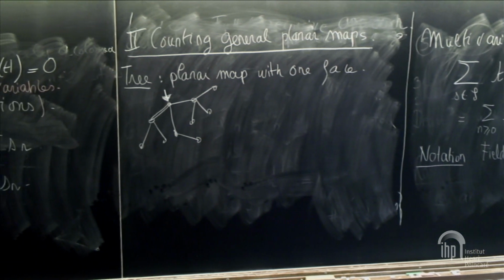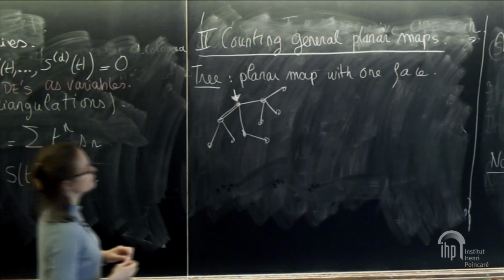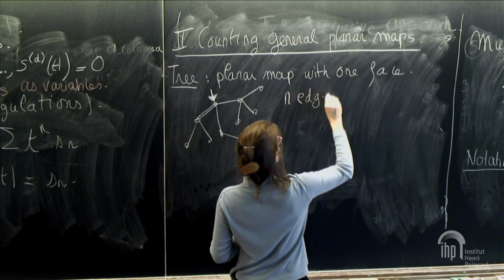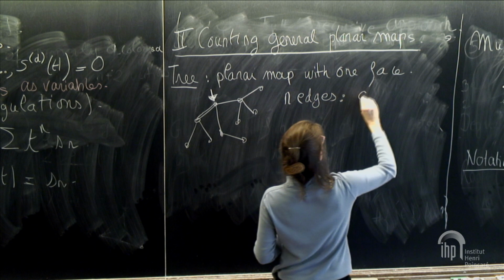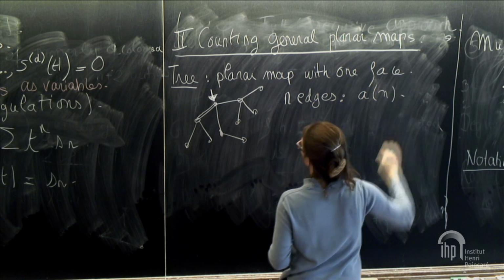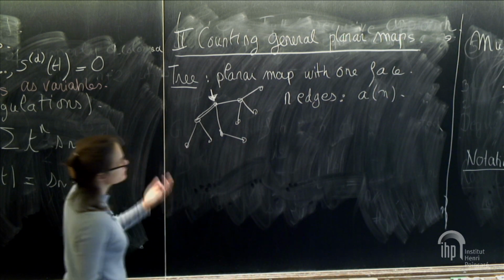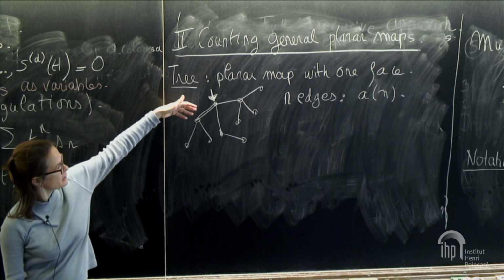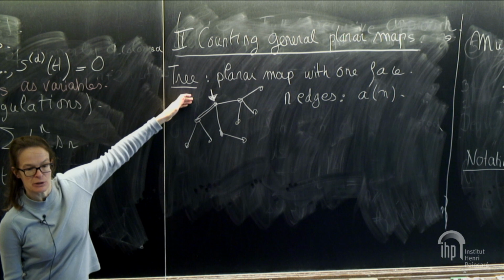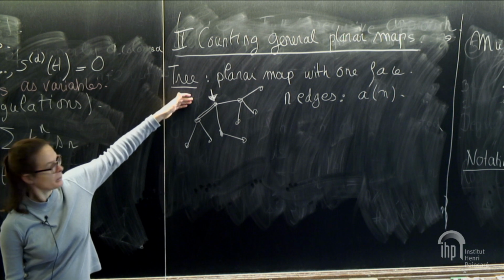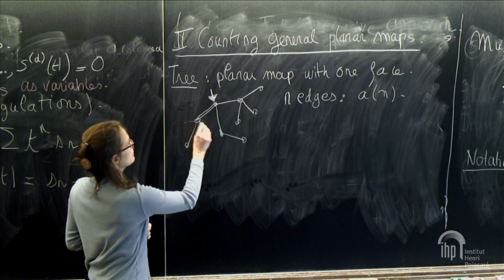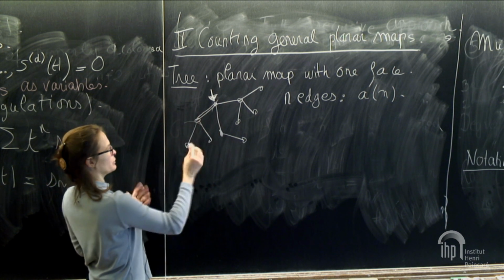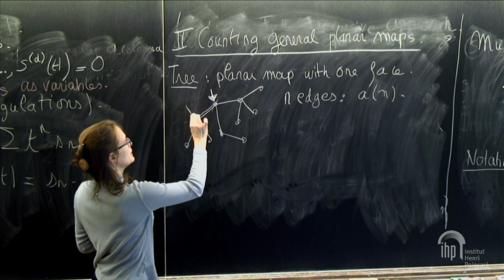Okay. So if you want to count trees with n edges, say that the corresponding number is a of n. Well, you write a very standard recurrence relation by considering what happens if you delete the root edge. You're left with two trees, and everything is rooted, so you can root them in some canonical way.